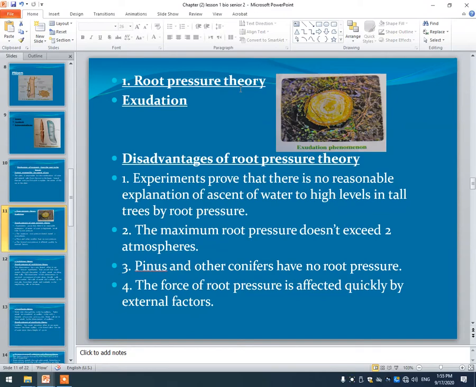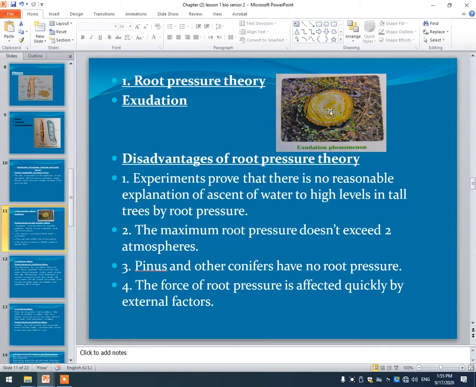We have exudation. What is meant by exudation? It means that if you cut the plant near the soil, if you cut a part of the stem which is near the soil, water will give out from the stem.